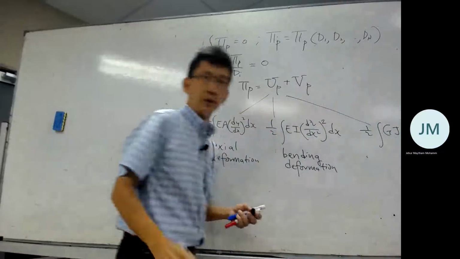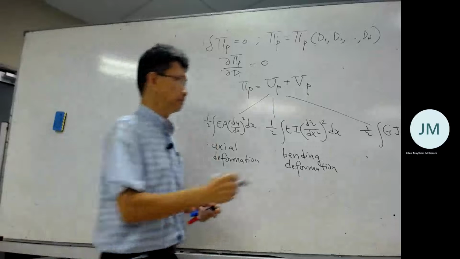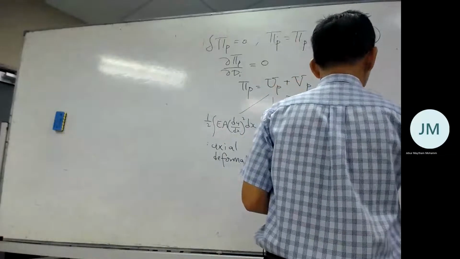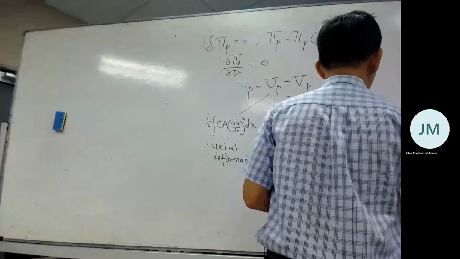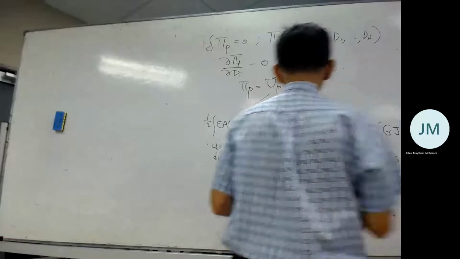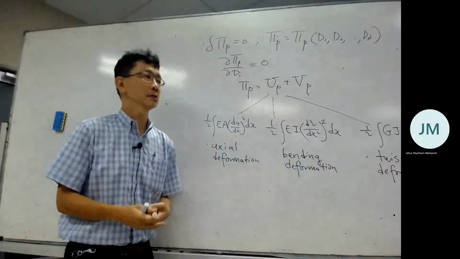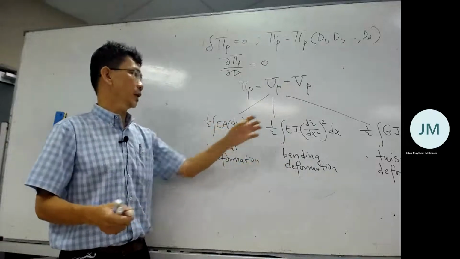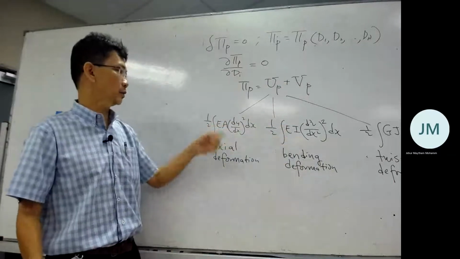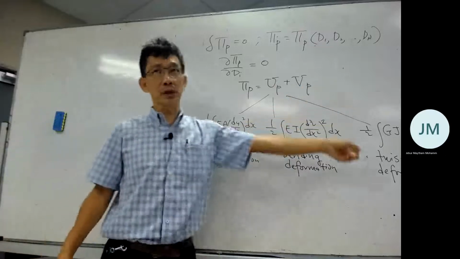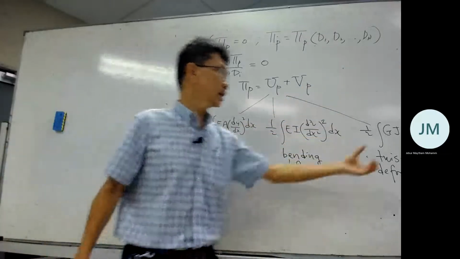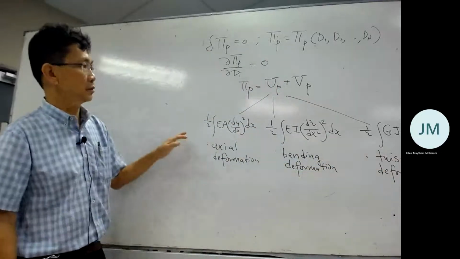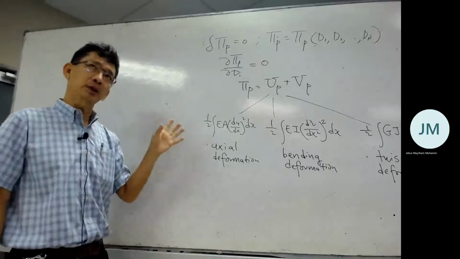This is for twisting deformation. So if a structure has axial and bending involved, you have to add this up with this. If the structure has axial deformation plus twisting, then you have to add this one and this one. So this is the strain energy if you consider a 1D problem.